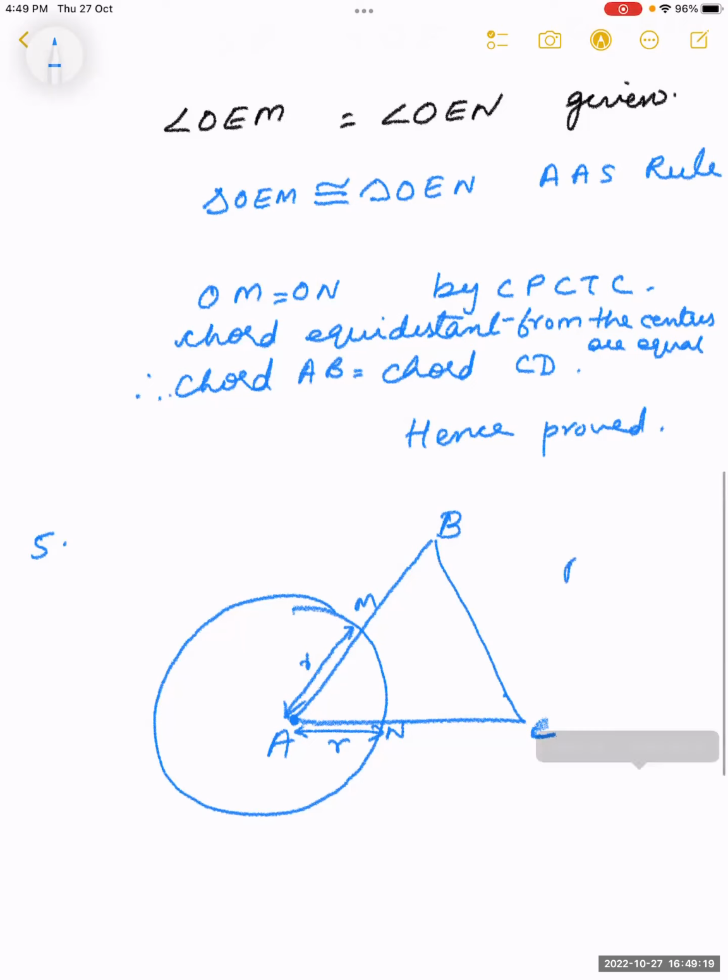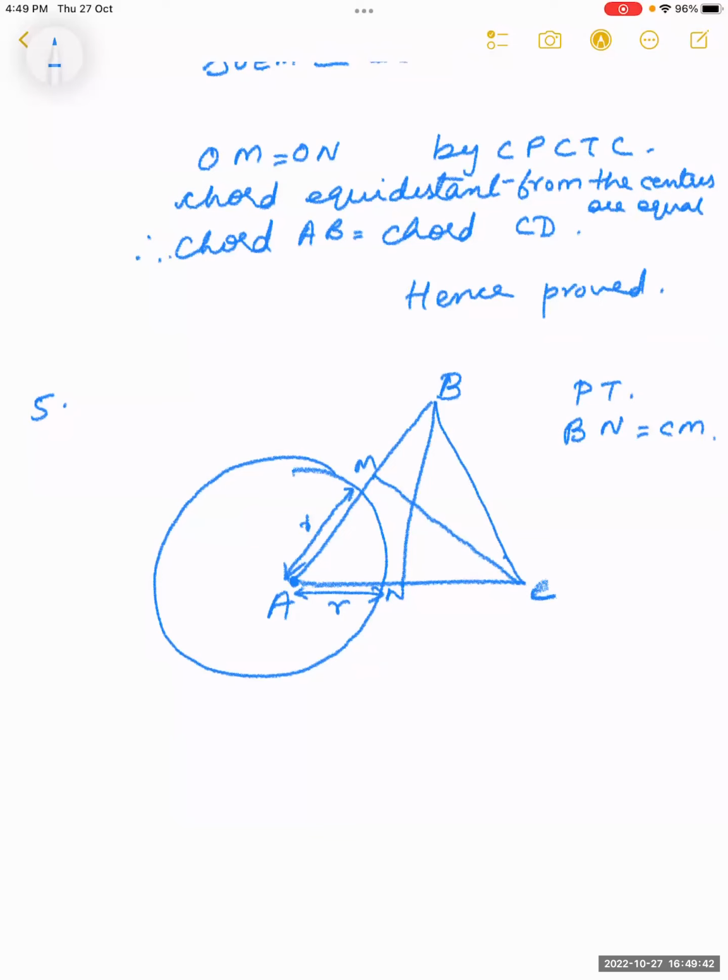Prove that BN equal to CM. So basically you have to join BN and CM. So these two, we have to say they are equal. So this is what you have to prove. Is the question clear to you all?